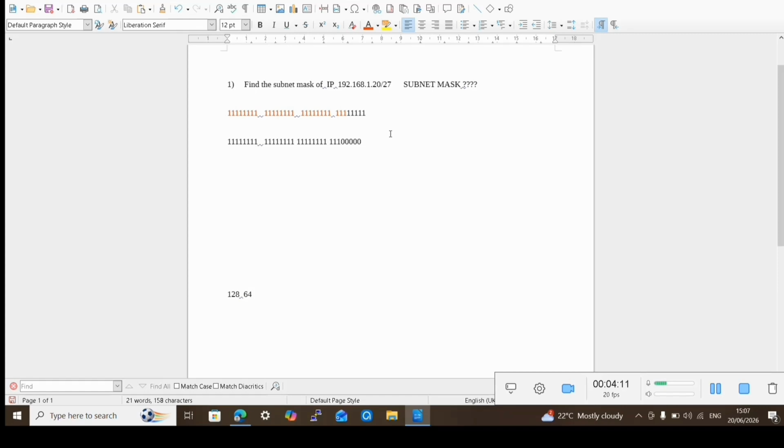Any number we have, we divide it by 2 until we reach 1. So 64, we have 32, 16, 8, 4, 2, and 1. So if you count these numbers individually, we have 8 numbers here, each of which corresponds to the ones you are seeing in this octet here.